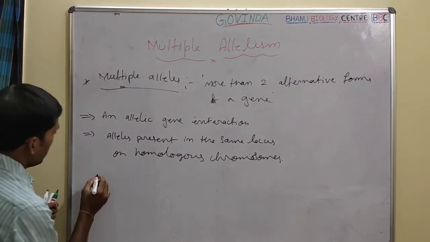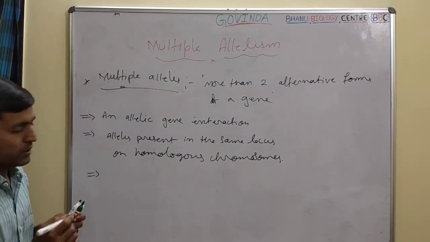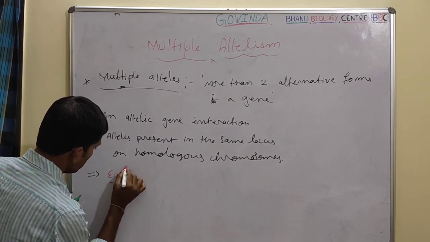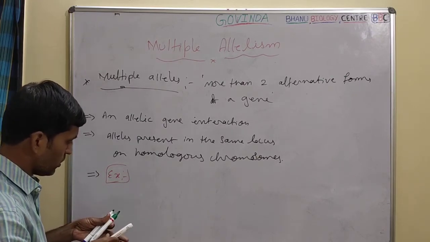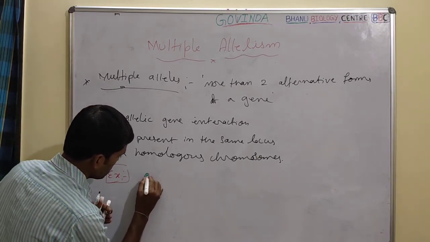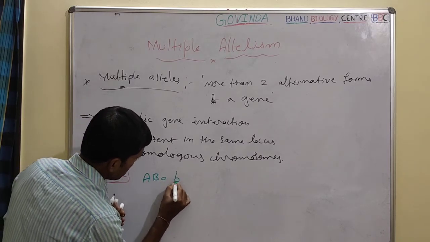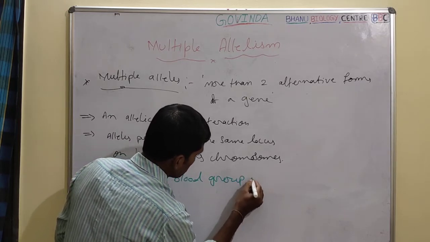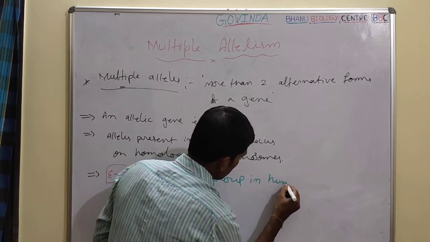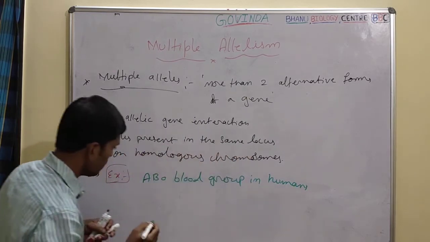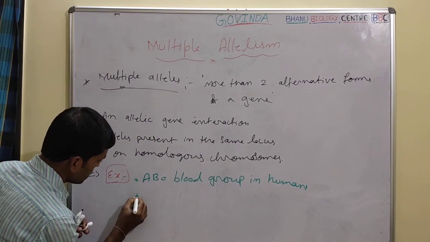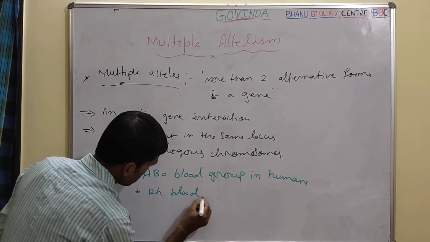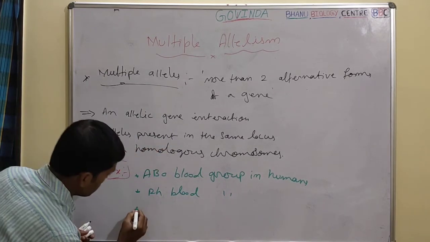Next, examples for multiple allelism. Here I list out important examples. The first one is ABO blood group in humans. Then Rh blood group.